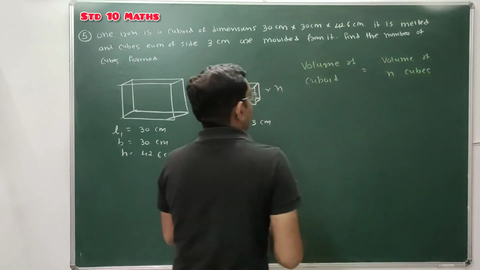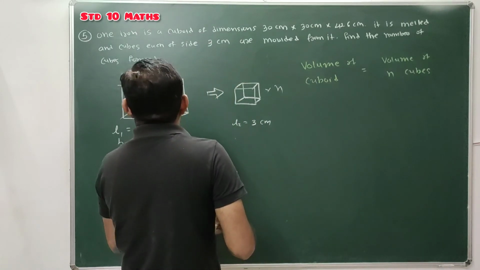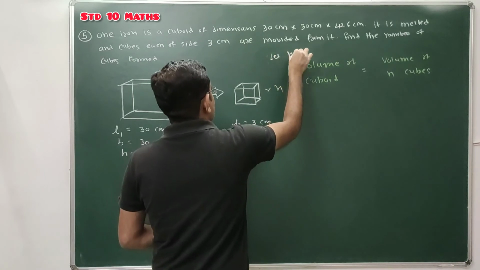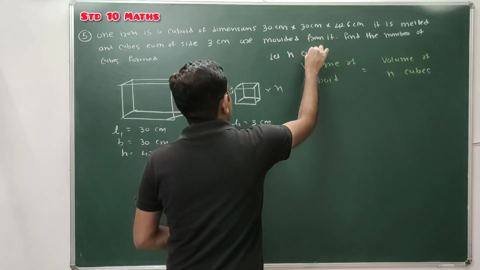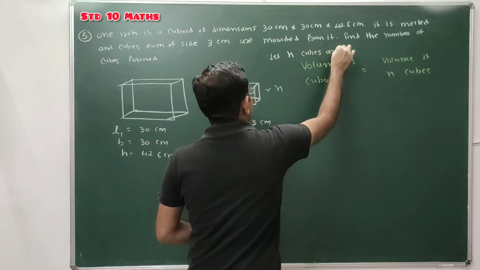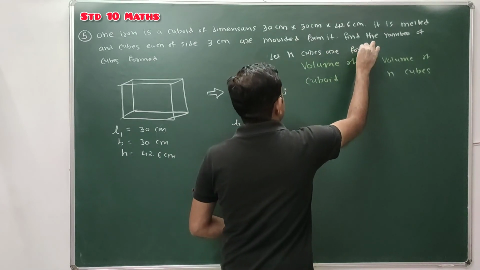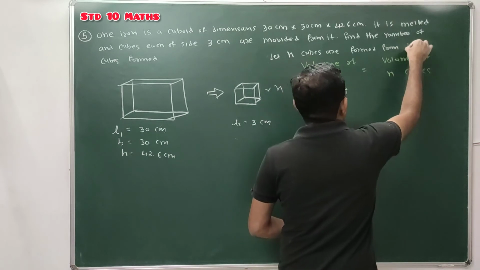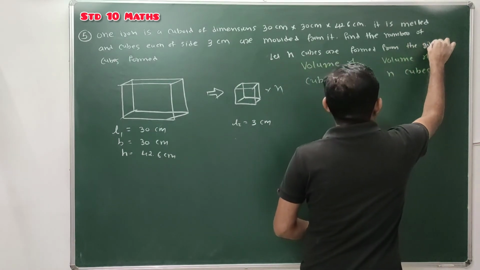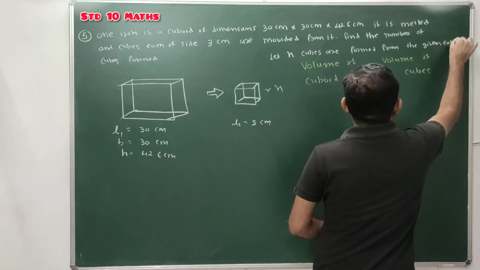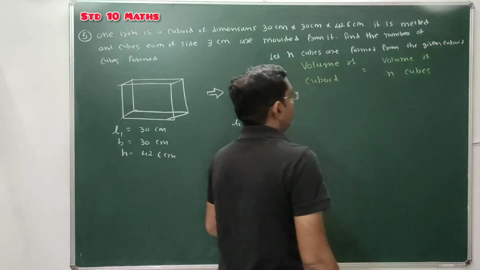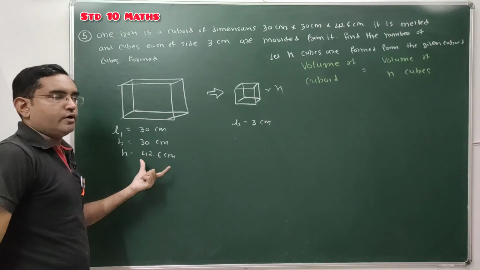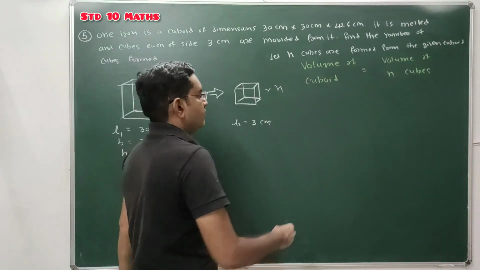Here you write the statement: let n cubes are formed from the given cuboid. N number of cubes are formed from the given cuboid. So volume of this one cuboid is equal to volume of this n cubes.